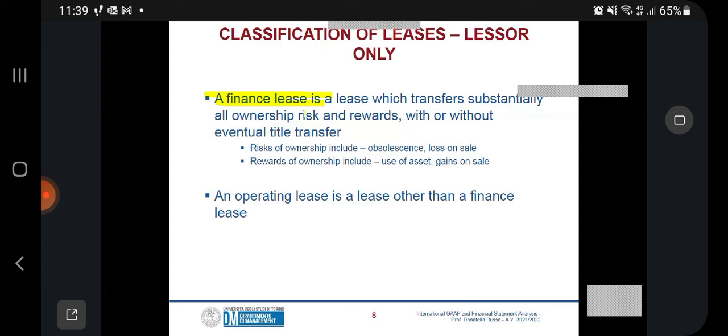Risk of ownership includes obsolescence and loss on sale. Rewards include use of the asset and gains on sale. So IFRS 16 defines the finance lease. If a lease is not a finance one, this means that it is an operating one.